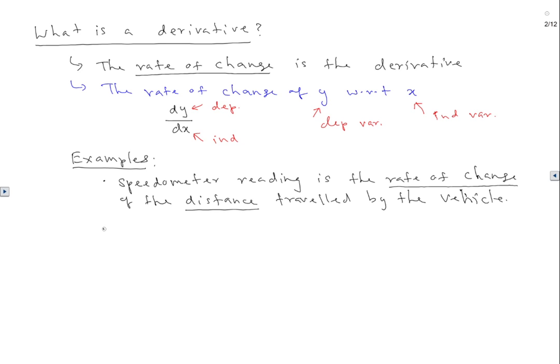Let's look at another one. What about the slope?